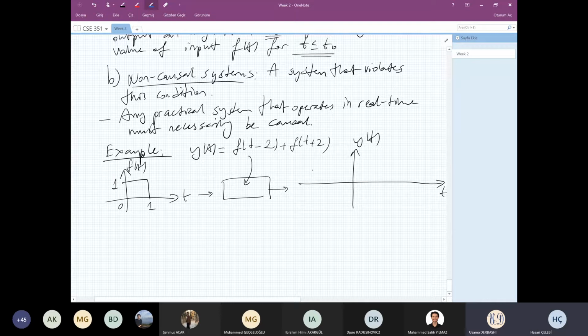The rest is 0, right? Yes, exactly. So the first sample is going to come from the shifted version, as you said. So let me write it down this way: 1, 2, 3, minus 1, minus 2, minus 3, and this is 0.